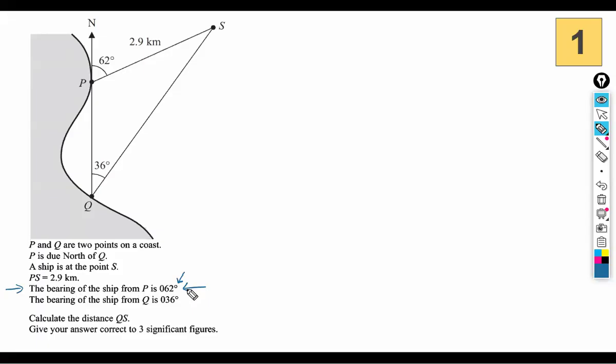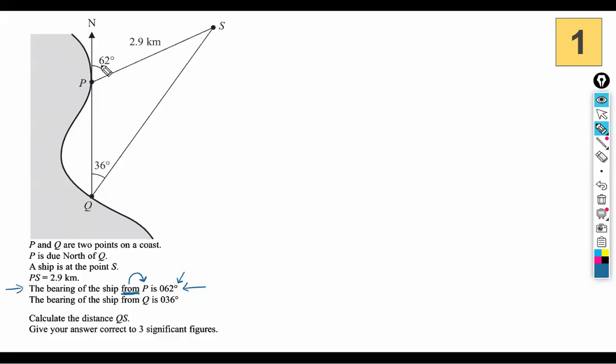By the ship or by the letter P? And in case your grammar is bad, like mine, always look for the word from in these questions, and you will always be standing by the letter after the word from, never before. So in this question, you are standing by P.